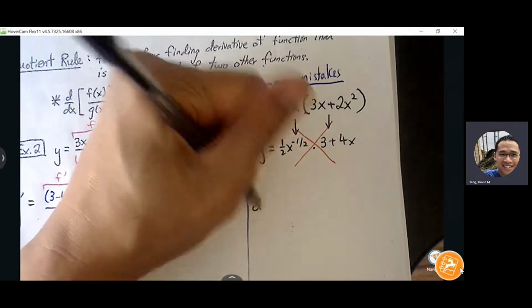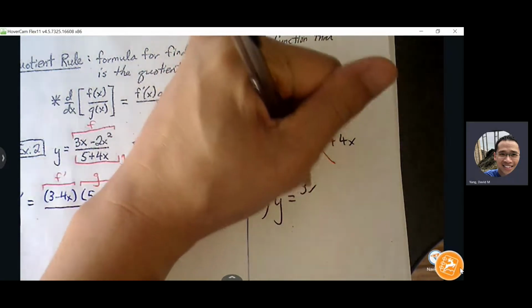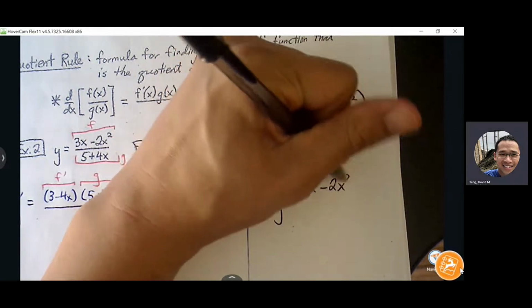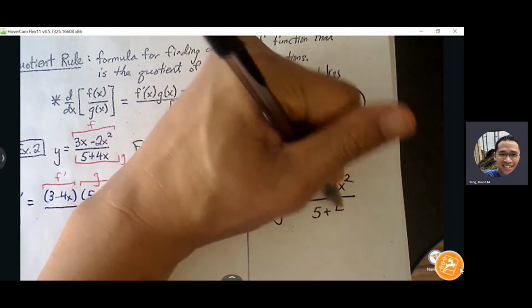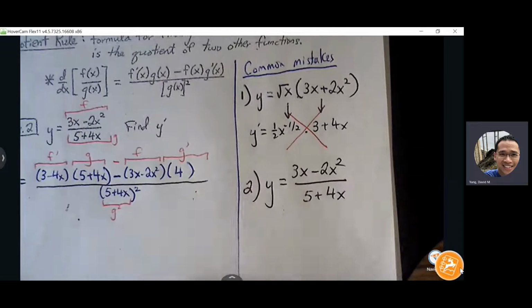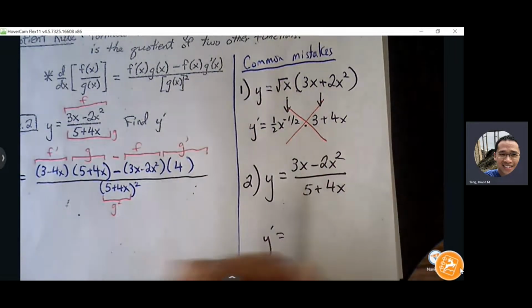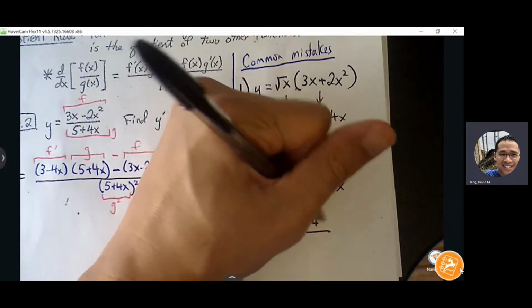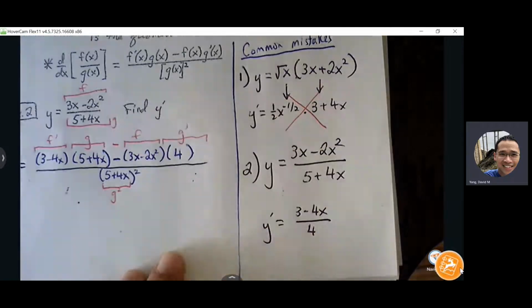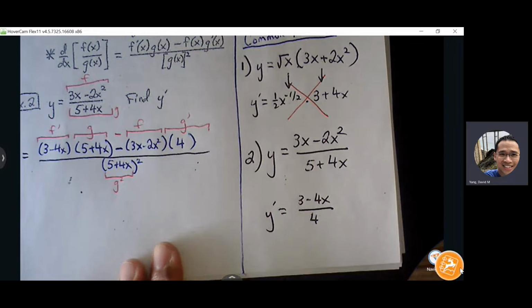Okay, the second mistake that I see is trying to take a shortcut from quotient rule. Sometimes there are ways, but this is not one way that we can do it. Sometimes I see students do this where they see, okay, well, that's power rule here, that's power rule there. So I'll just take the derivative of them separately, and that's a much faster way of getting to my derivative. Again, that doesn't quite work that way.